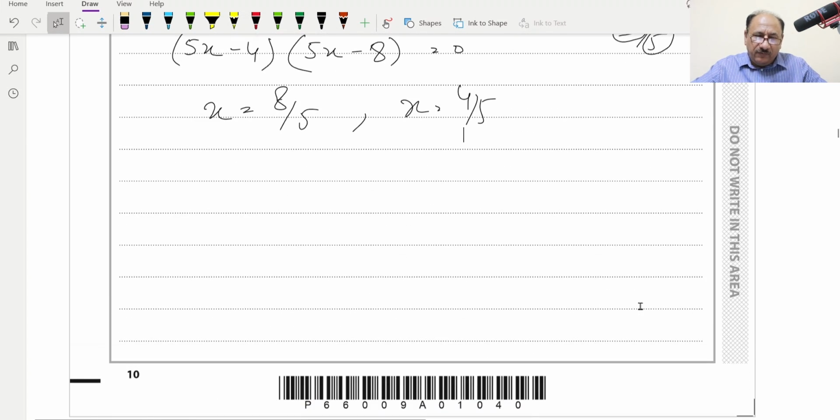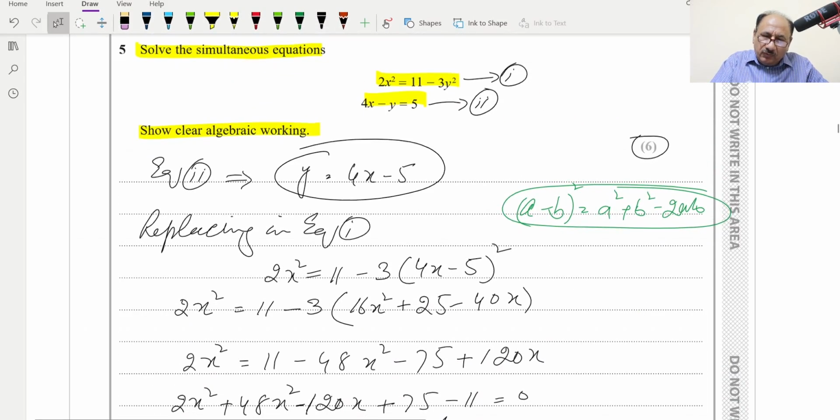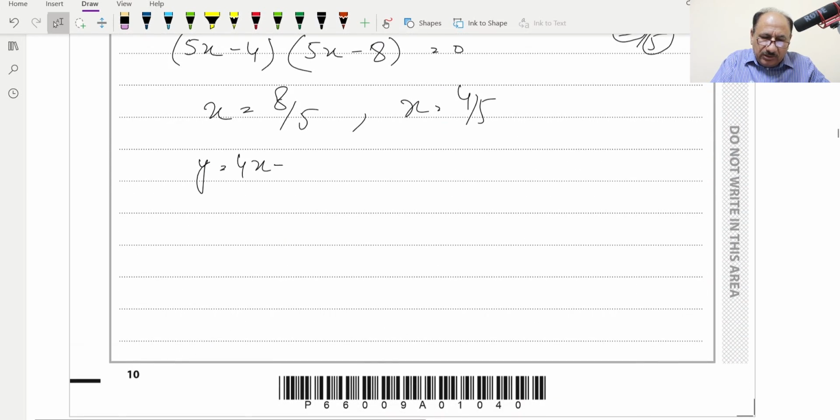Now we can find the value of y also. So if x is 8 by 5, y is equal to what? We have this equation, y is equal to 4x minus 5. So y is equal to 4x minus 5. We will be replacing x with 8 over 5, so y is equal to 4 into 8 over 5 minus 5, and we can use the calculator for this calculation.